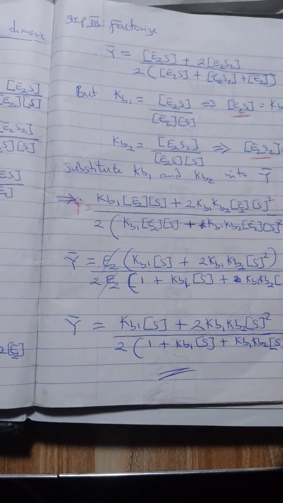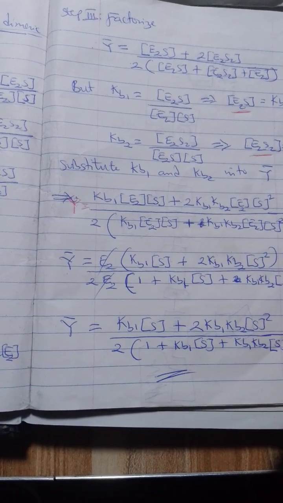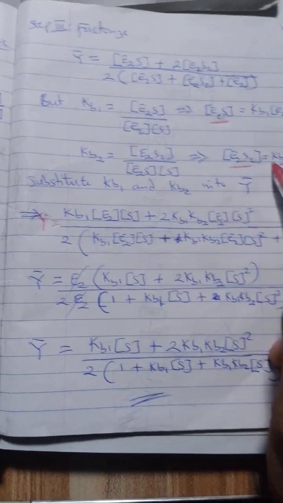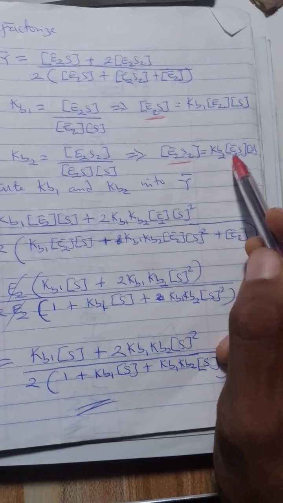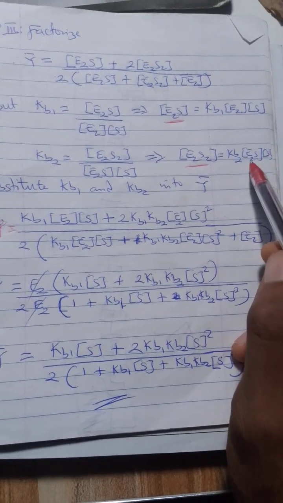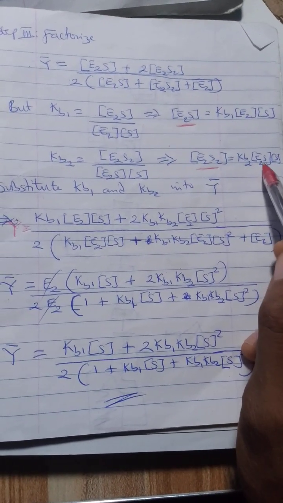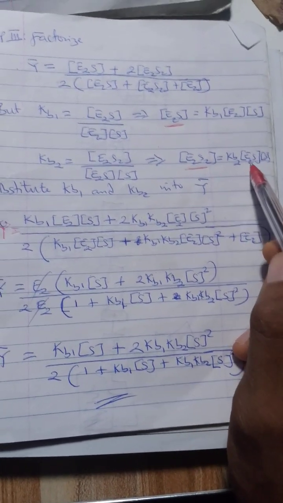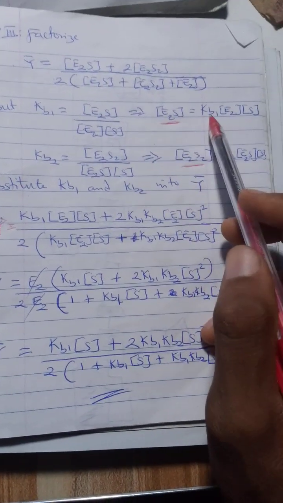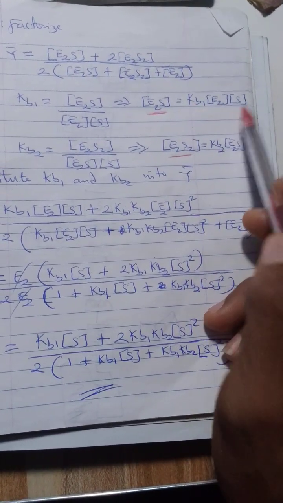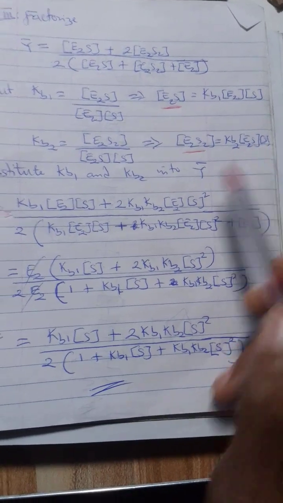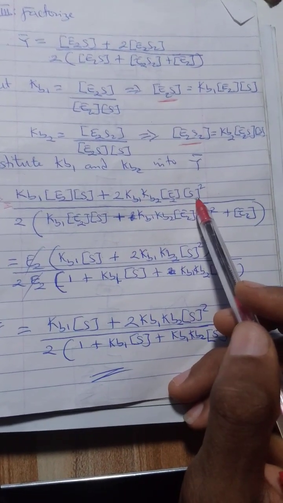But if you check from here, E2S2 was equal to an expression containing E2S, right? But we have a value for E2S, which is this. So if we substitute this whole stuff here in place of E2S, we'll get to this.